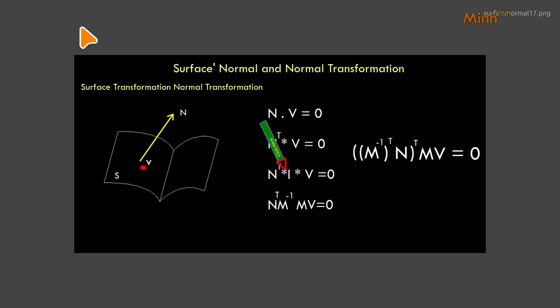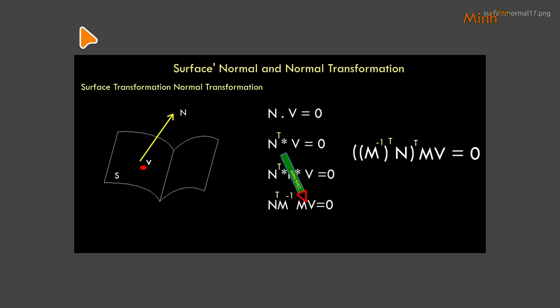Then I can insert an identity matrix, it doesn't matter. If there is a matrix M, the identity can be replaced by M inverse and M, since M inverse and M multiplication is the identity matrix. Now I group it separately.